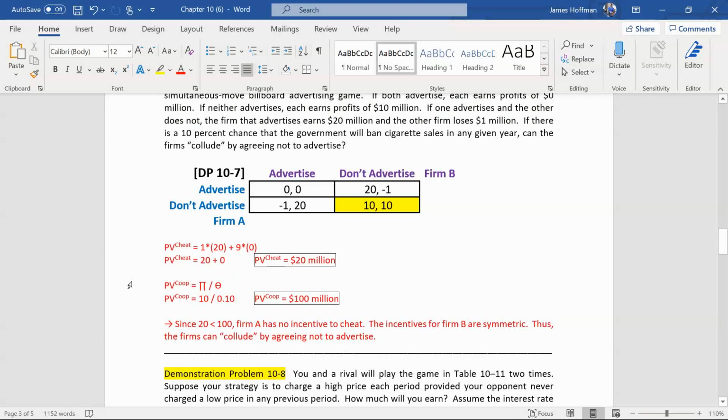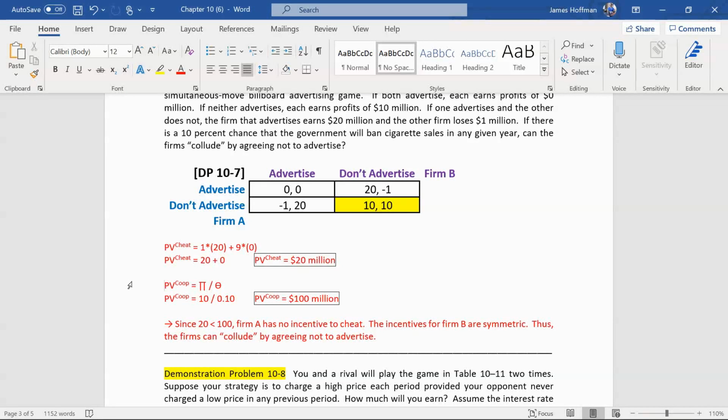Okay, if you cooperate, you can use that formula, which is just the profit divided by theta, because the profit's always the same each period, or you can confirm by calculating the number of times you expect to play the game, which is 10, and multiplying that by the cooperating outcome.